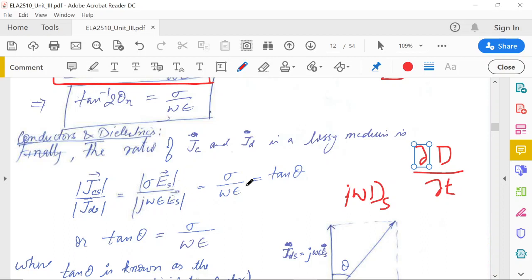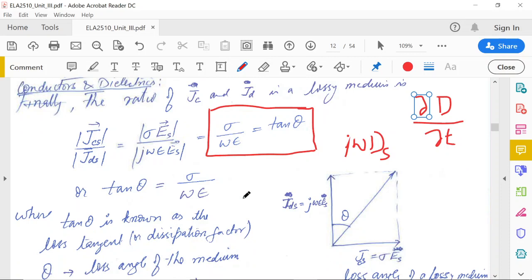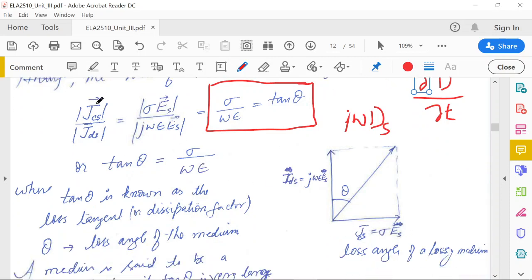The ratio of these two comes out to be sigma over omega epsilon, and this is a very important quantity that will be referred to later also. This equals tan theta. What is theta? Because these are vectors, if you plot the vector in this direction, for example, this is the direction of the conduction current density, and the perpendicular to this is the direction of the displacement current density.